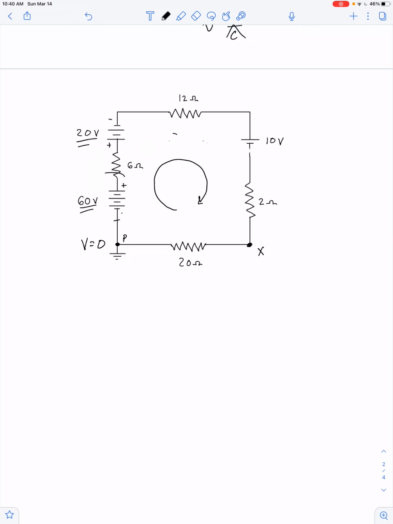It would want to drive a current this way, but it's not as much voltage as the 60-volt battery. Likewise, the 10-volt battery would also have a tendency to drive a current in a counterclockwise direction. But again, even if I added the 10 volts with the 20 volts to get 30 volts, that's not as much as the 60 volt.